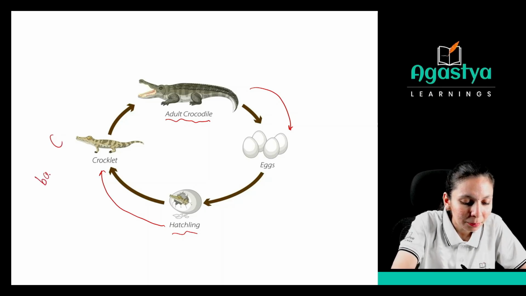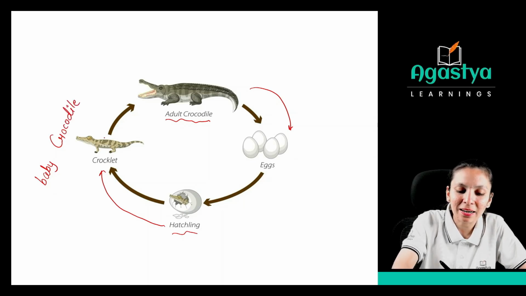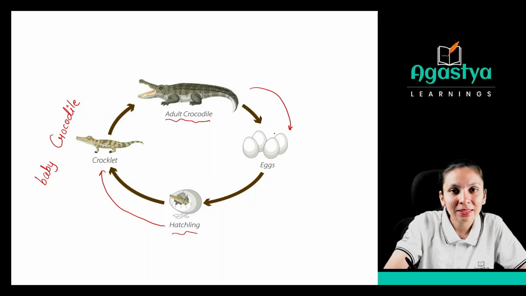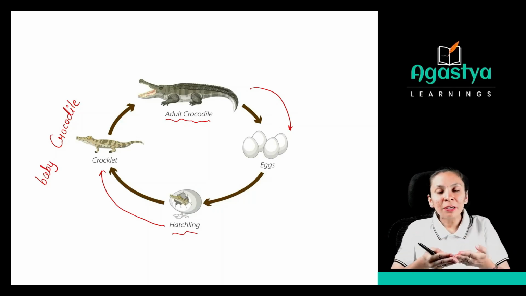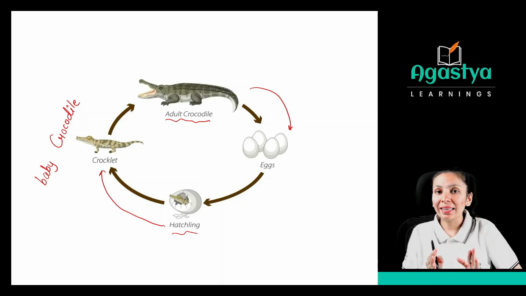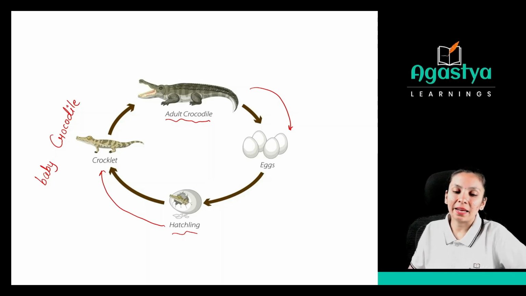That is the baby crocodile. When this baby crocodile gets mature, it will become an adult. Now again it will lay eggs. Again from these eggs we will have a croclet, and again it will go on to become an adult. So just like this, the crocodile goes on with its life cycle.